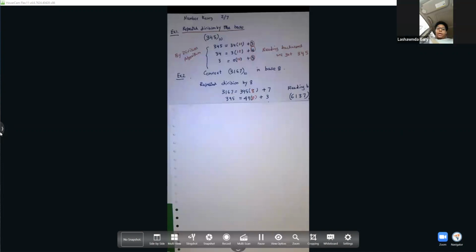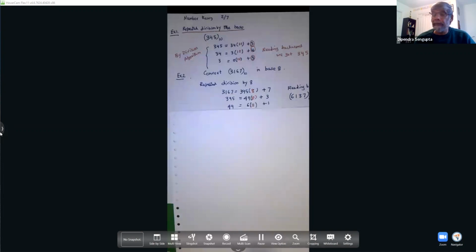Divide 49 by 8. Yeah, divide 49 because the quotient is 49. So 6 times 8 plus 1, right? Which is 49. Am I done or do I have to continue? You gotta continue. What is the quotient here? 6.